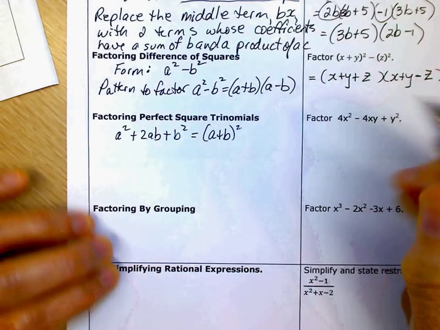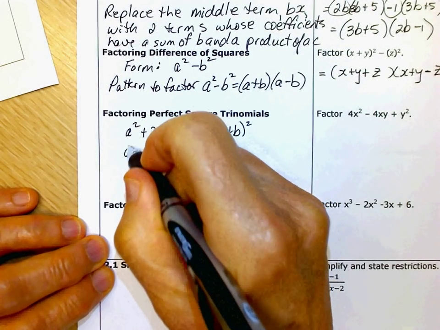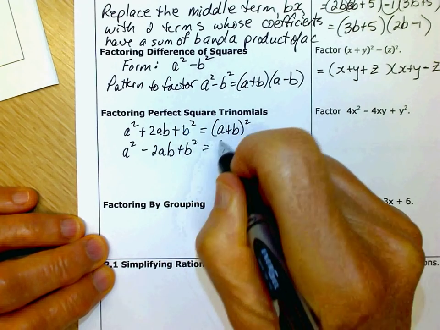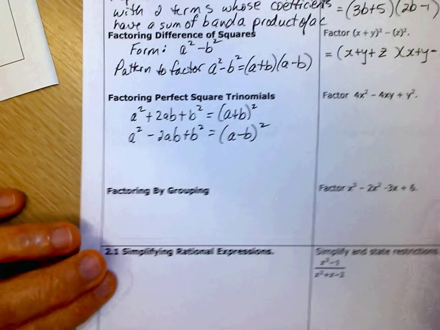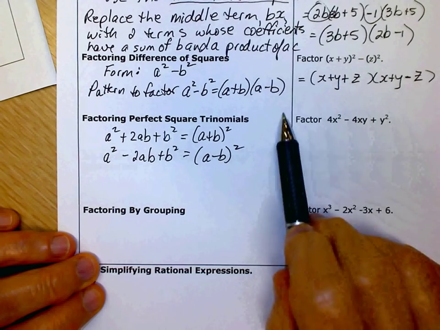Now, the other form of a perfect square trinomial is a squared minus 2ab plus b squared, and that equals a minus b, squared. Okay, so if I were to look at a perfect square trinomial, how would I recognize it?